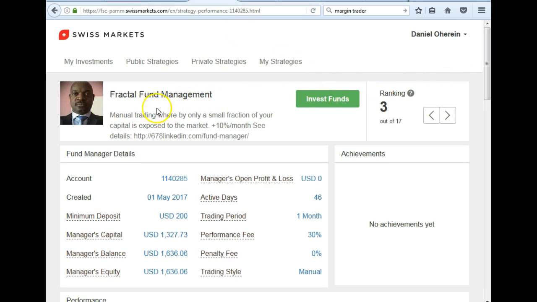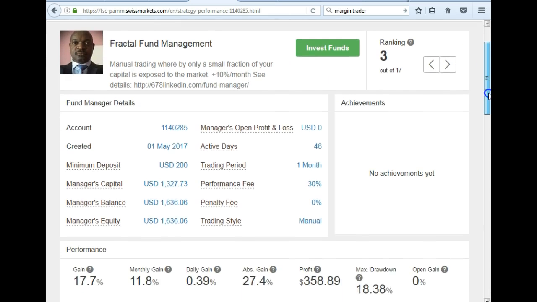This is a live account, which I call Fractal Fund Management. In this, people follow me. As I trade my own account, the account is copied to those who are following me, to those who invest along with my fund, and they also make similar profit.